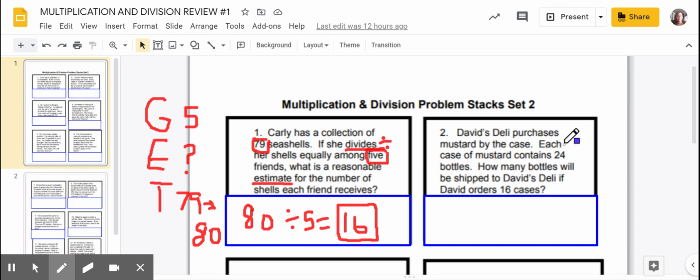So as we read the problem again, remember that we are looking for the groups, the number in each group, and the total. We know that each case contains 24 bottles. So that's the number in each. We're going to write that next to the E. How many bottles will be shipped to David's Deli if David orders 16 cases?